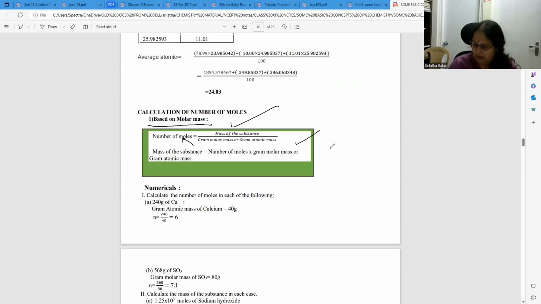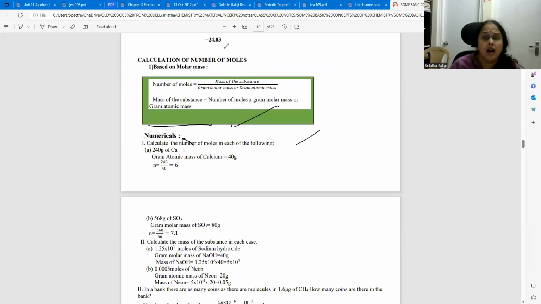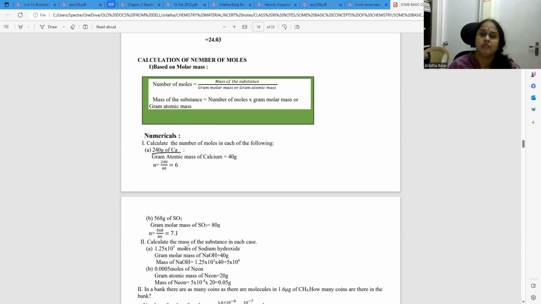Got it? So shall we do some calculations? Maybe some are there here on the screen. Calculate the number of moles in 240 grams of calcium. So what is the gram atomic mass of calcium? 40 grams. So what is the number of moles? Number of moles is mass by molar mass.